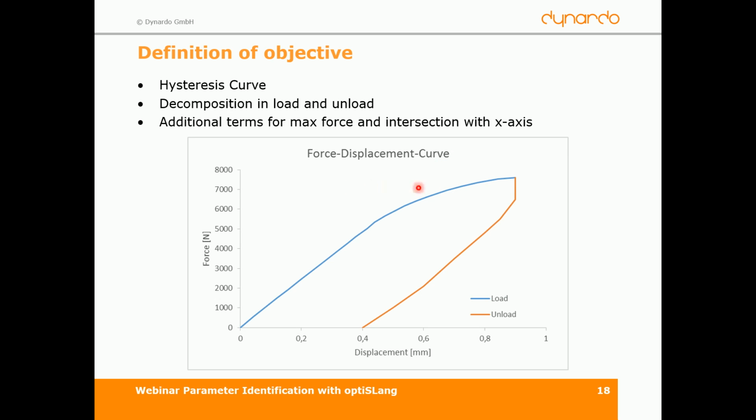But if you have such a hysteresis curve with some load and unload, you must first make some decomposition of your curve in some load and unload. Then you must have a look at the number of discretizations for this load and unload. And additionally, you can use also some distinct points like the max force, the max ordinate value, or maybe also the abscissa value for the maximum ordinate value. And maybe you can use also the intersection with the x-axis in the objective you have to define.